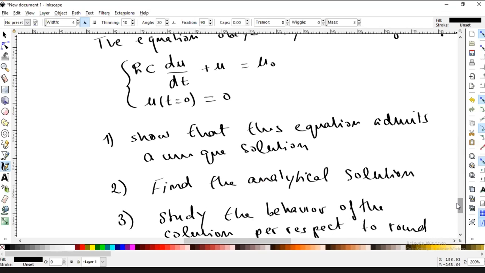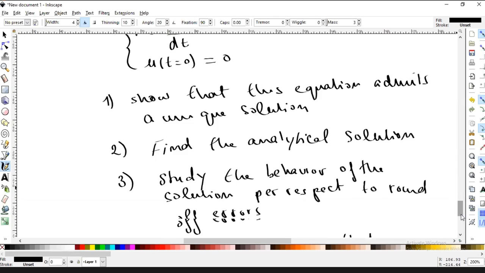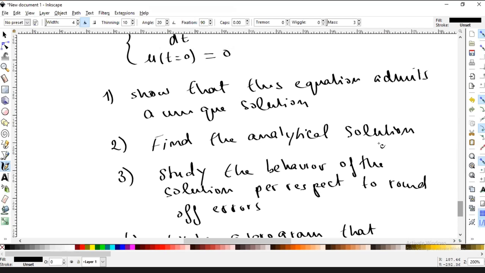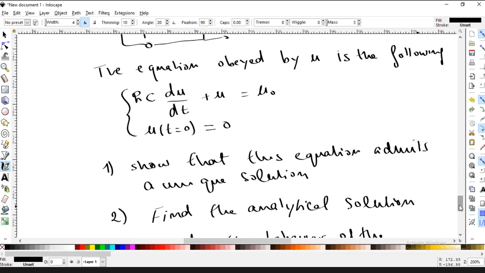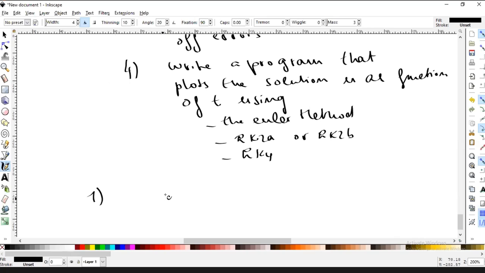But if you want to show that this equation admits a unique solution, you must study if it's a Lipschitz function with respect to its second variable.